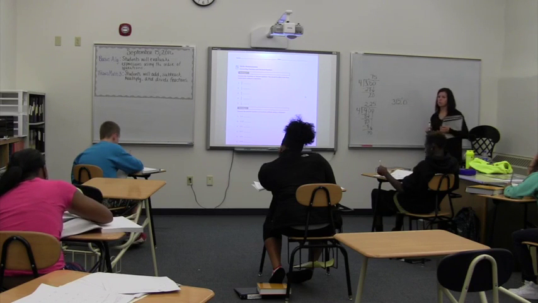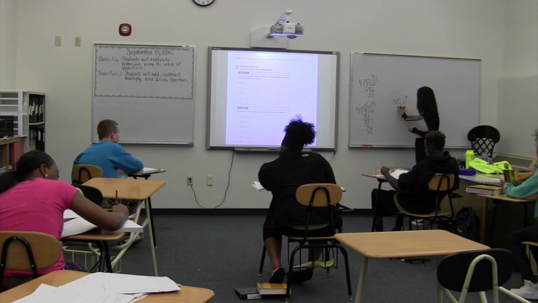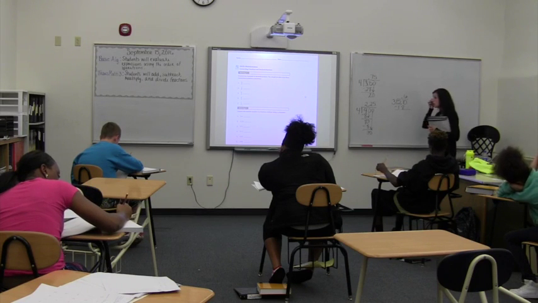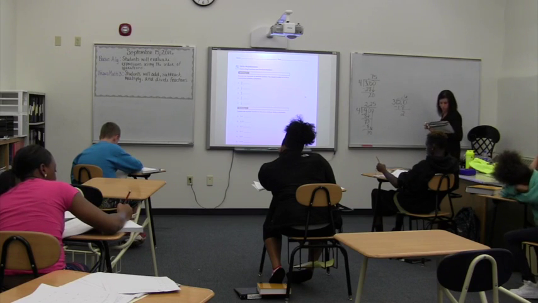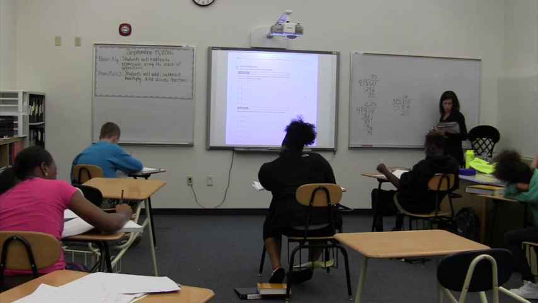How many times can 3 go into 20 without going over? 6 times. What did you say, Sean? 2, nice job. We got another 0. 3 goes into 20, how many times?